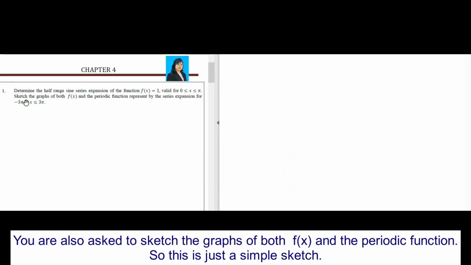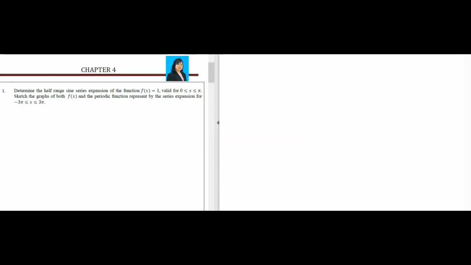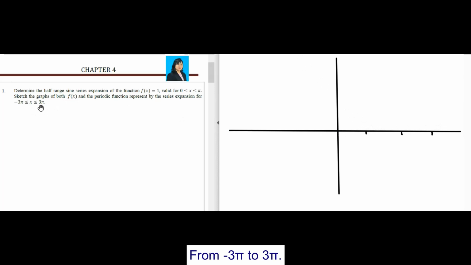You are also asked to sketch the graphs of both f(x) and the periodic function. So this is just a simple sketch. From negative 3 pi to 3 pi.